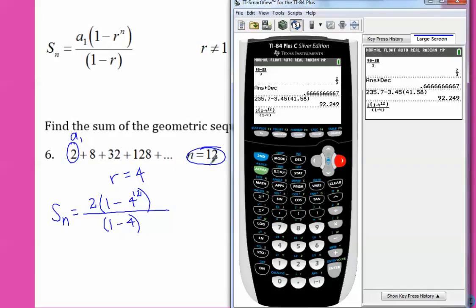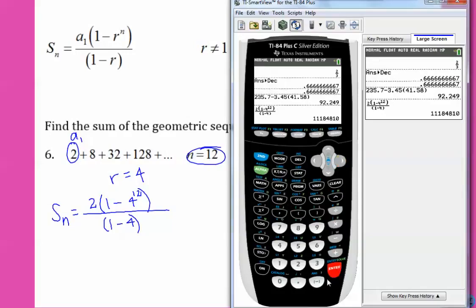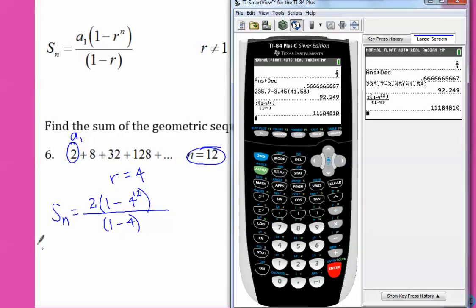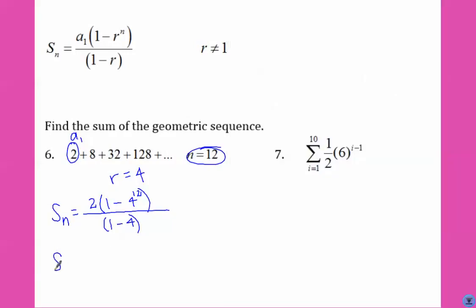If we add up the first 12 terms, we get that the sum is equal to 11,148,810. Adds up pretty quickly.